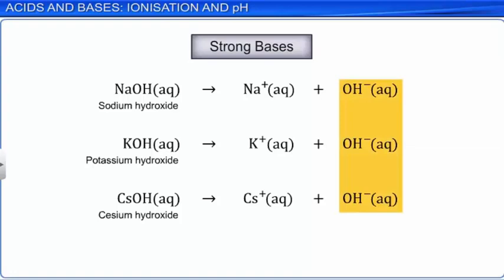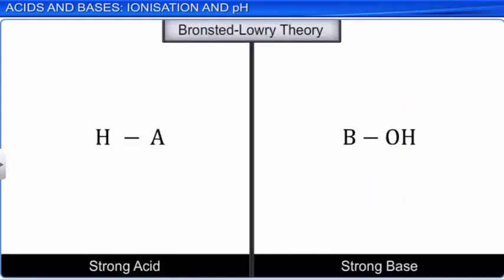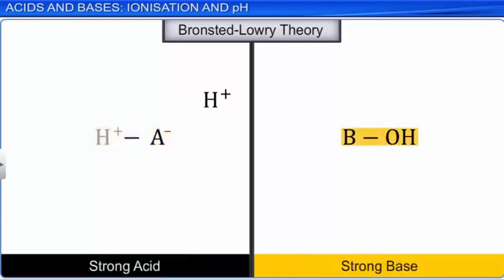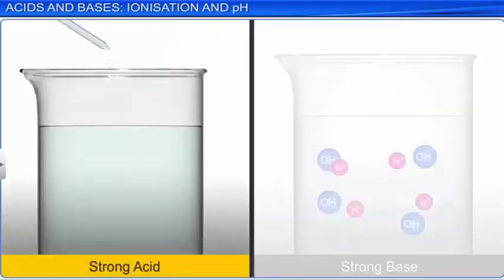In terms of the Bronsted-Lowry theory, a strong acid is one that readily donates the proton, while a strong base is one that readily accepts a proton. The greater the tendency of an acid to donate protons, the stronger it is.